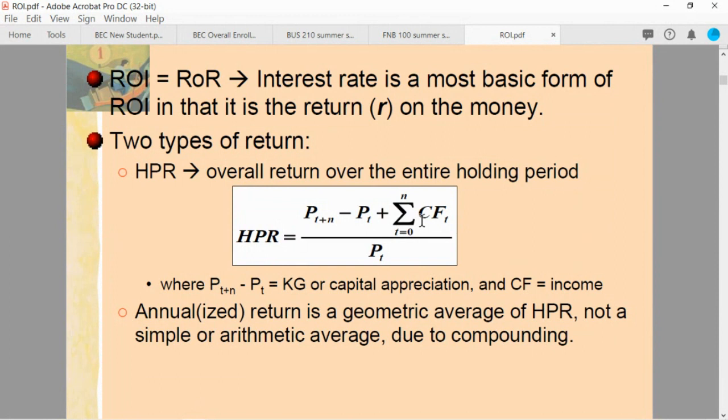Asset can refer to stock, bonds, even real estate, or even cash in your deposit in the bank. Now, this makes sense. This is the price of the asset n years from now, and this is the price of the asset now.